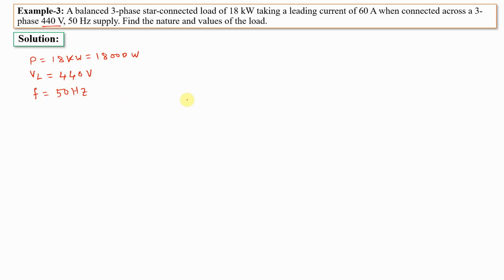Now the current is also given as 60 ampere, and again the current given in the question will be considered as a line current. But we know that in a star connected system, the line current and the phase current are the same. So the line current as well as the phase current will be 60 ampere. So it is a very important point. Always remember, when the voltage and currents are given in the question, they are always considered as line values.